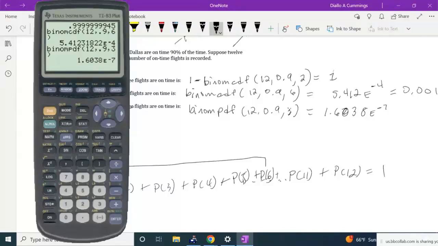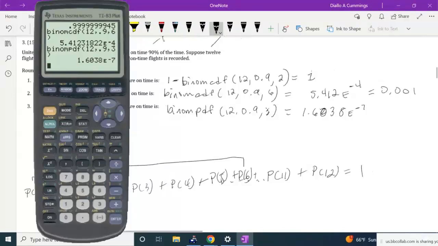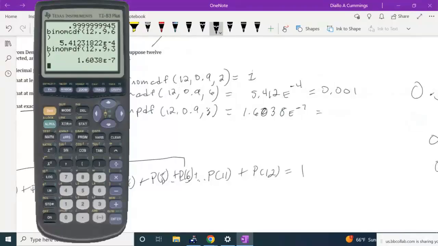If I move that decimal 7 places to the left, this number would actually look like 0.00000016038, which is an extremely small number. So this e to the negative 7 forces me to move that decimal 7 places to the left, which is going to put 6 zeros in front of the 1.